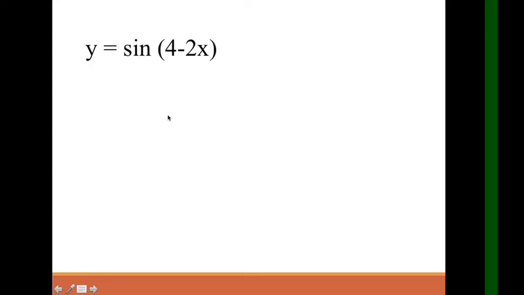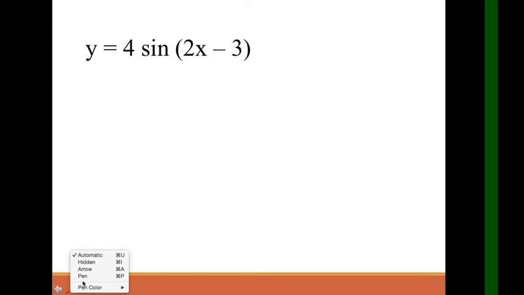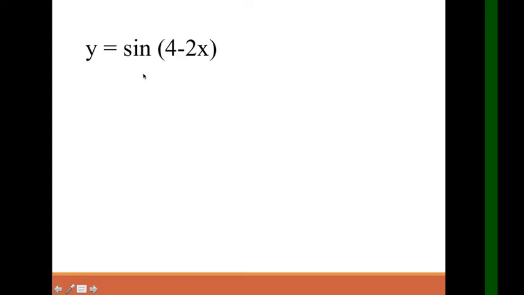To understand it better, let's have another example. This portion has two values na nasa loob ng sine, which is 4 and negative 2x. So we will just do the same process here. So we just need to write the derivative for this. Okay, so we have the derivative of y is equal to, parang nag-iba yung given kanina.